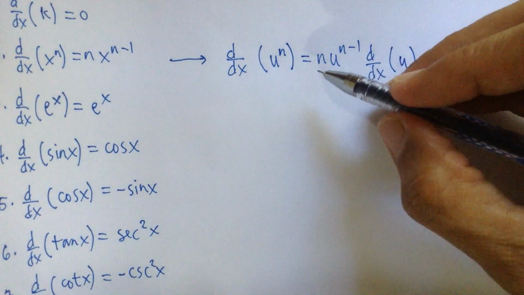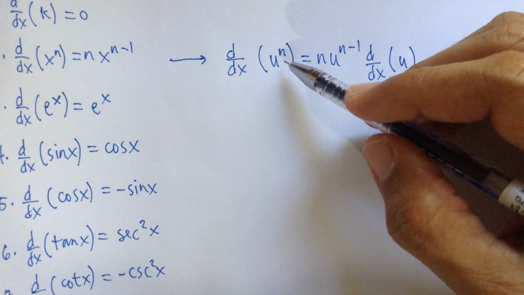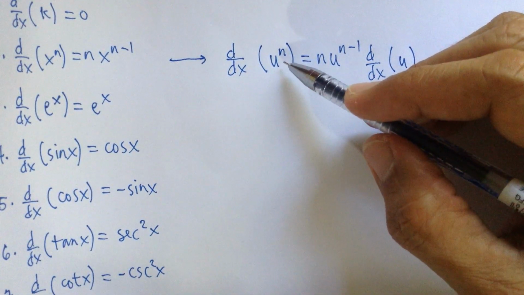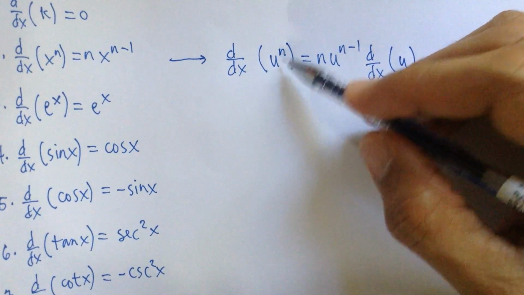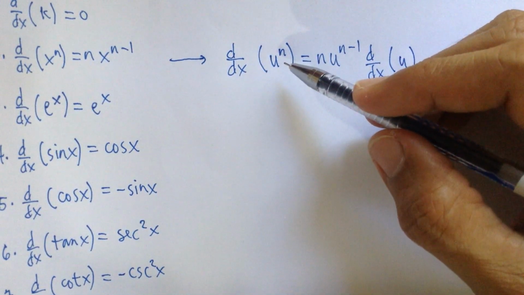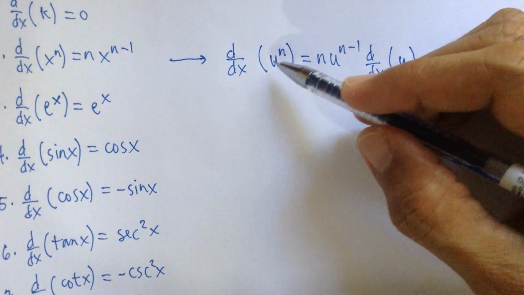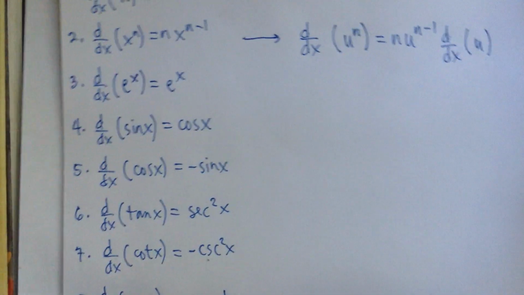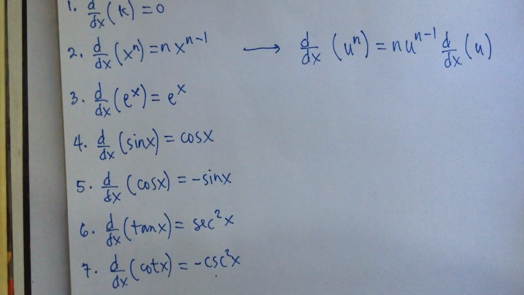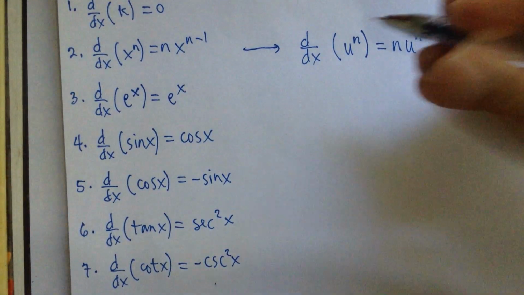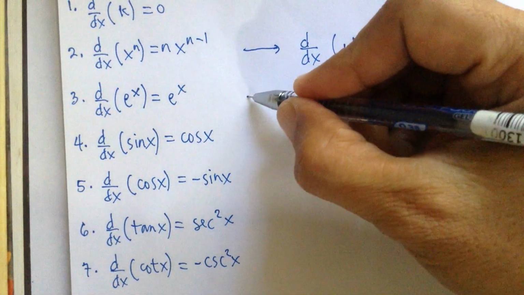So u to the n is the composition of two functions, x to the n and another function described by that u. So that's what happens when we use the chain rule, no?